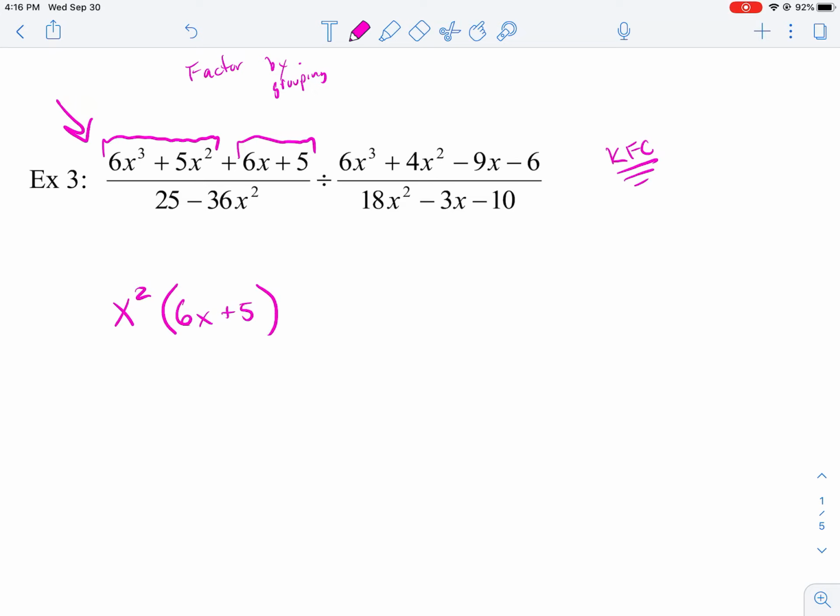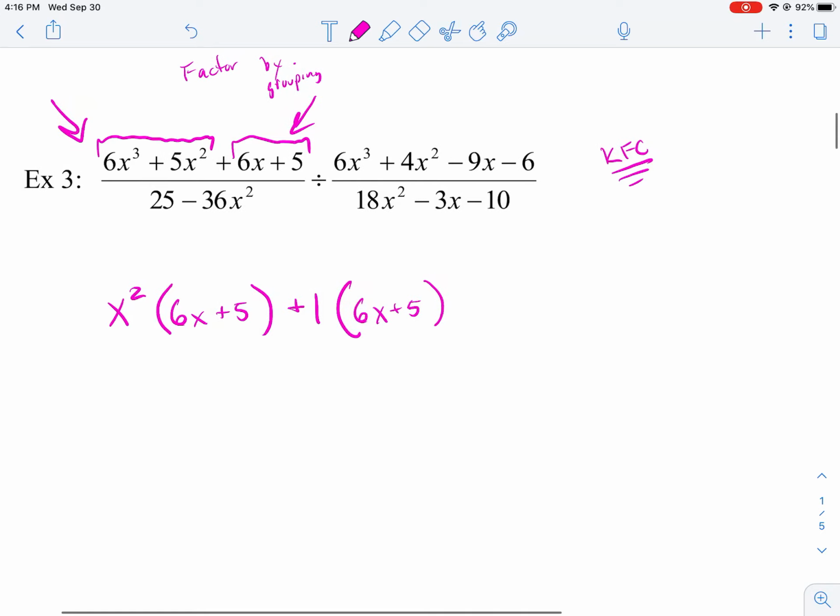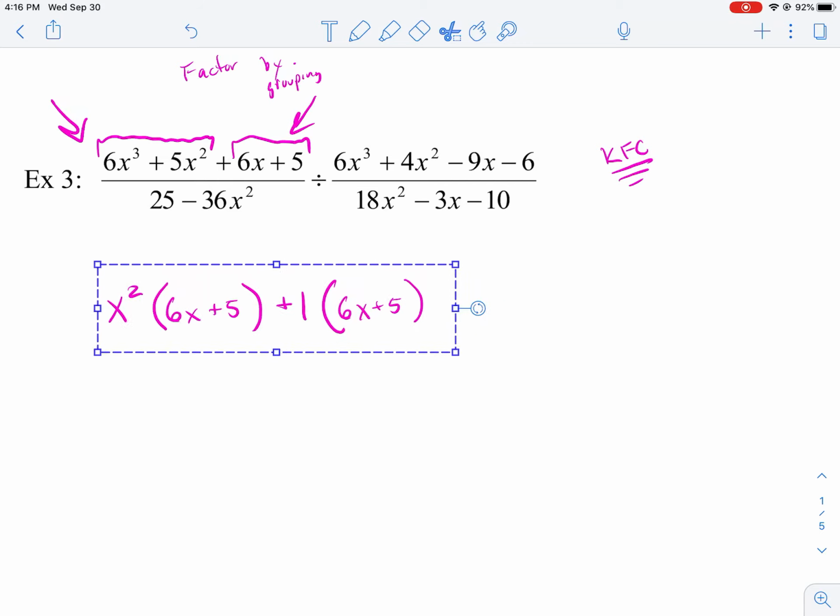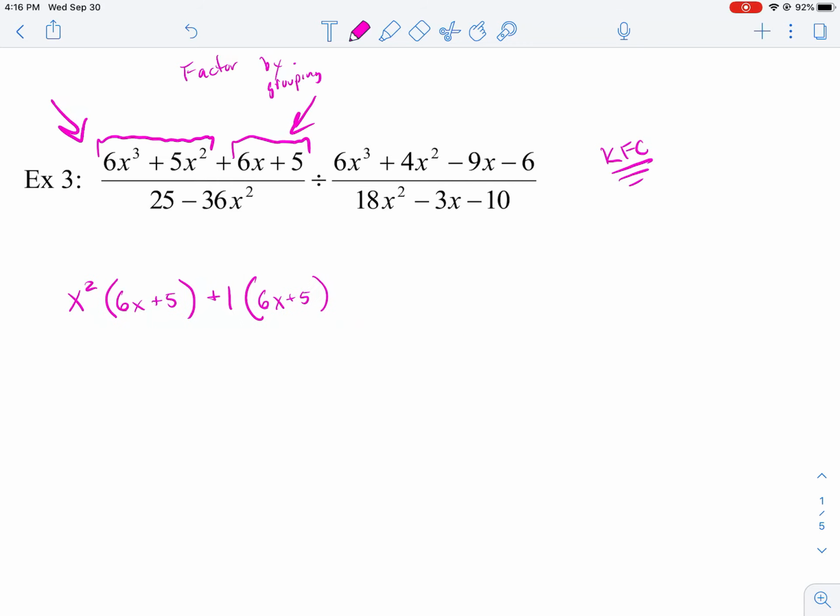So anytime you see that we already have what we need in parentheses over here, just factor out a 1. I'm not breaking any rules here. And now I can get the factors of that expression in the numerator there in that first term.